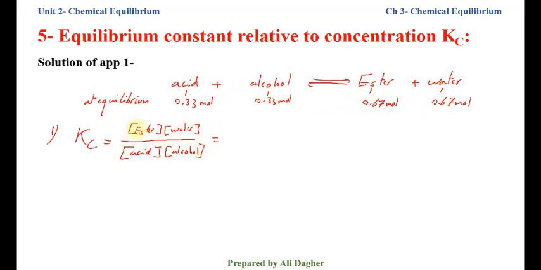But in the expression, the required quantity is concentration, but the given data are numbers of moles, so the concentration equals number of moles over V. Concentration of ester equals number of moles of ester over V, times concentration of water equals number of moles of water over V, over concentration of acid equals number of moles of acid over V, times concentration of alcohol equals number of moles of alcohol over V. We simplify by V, the same reaction mixture, same volume.